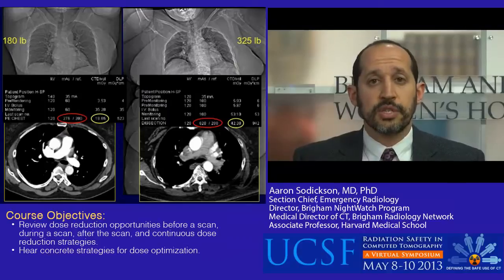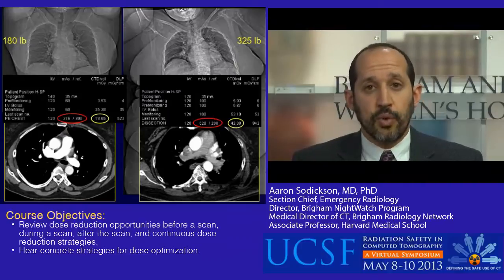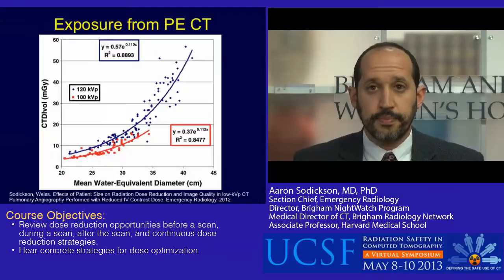In order to accomplish that, if you look at the mAs or the CTDIvol values, you see that in the patient on the right, the larger patient, we needed almost 2.5 times as much X-ray tube output as we did for the smaller patient. And while this sounds like a much larger dose in this large patient, this is required variation in our technique needed to maintain the desired level of image quality.